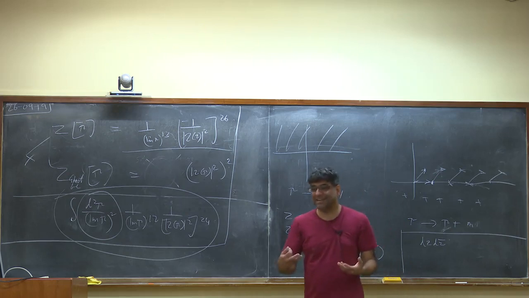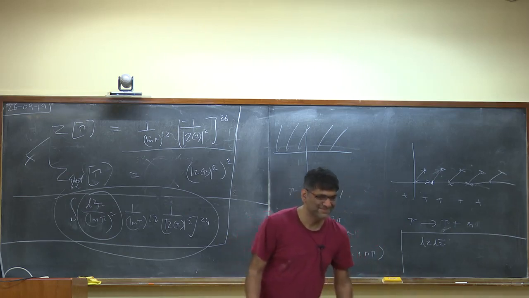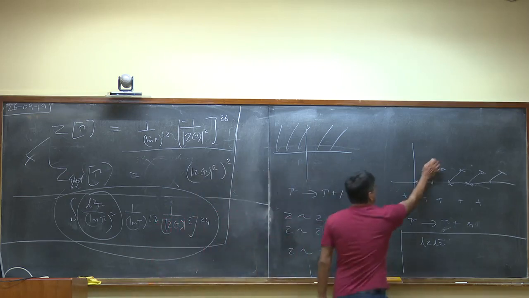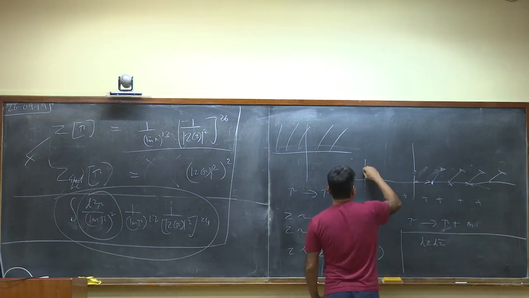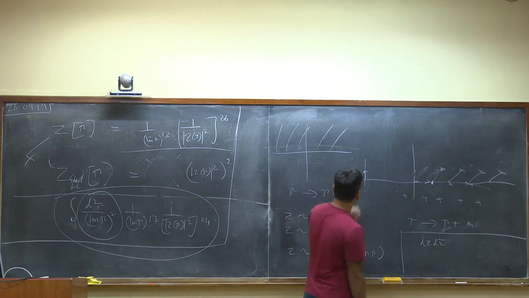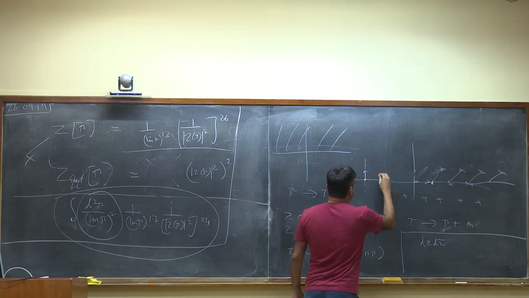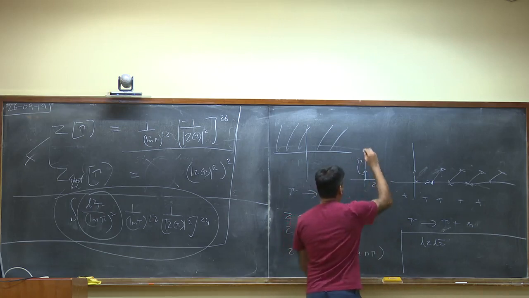That is basically generated by this tau goes to minus 1 by tau. Okay? For instance, suppose this was along the real axis. Then what we are getting is this guy has length 2 pi and this guy has length 2 pi tau.